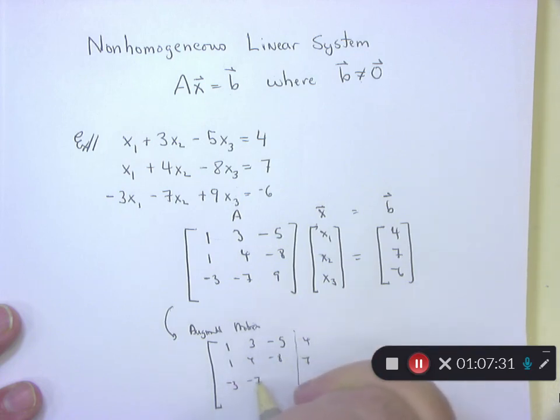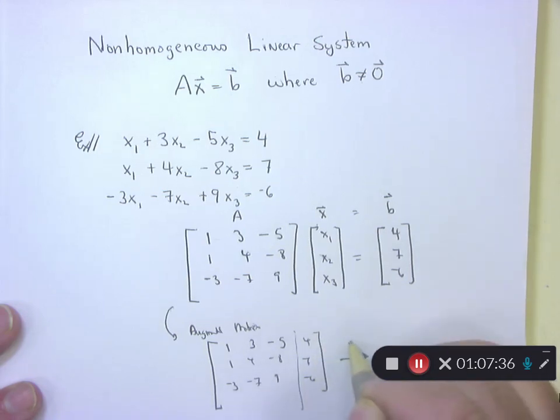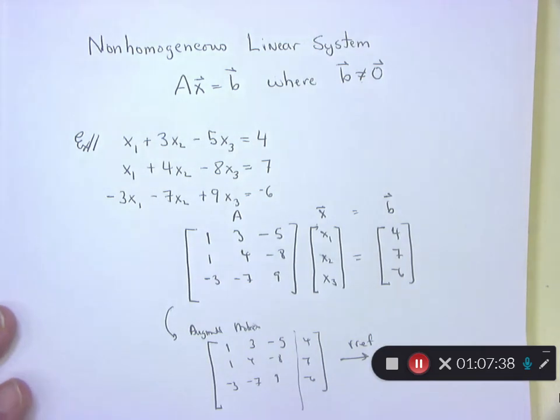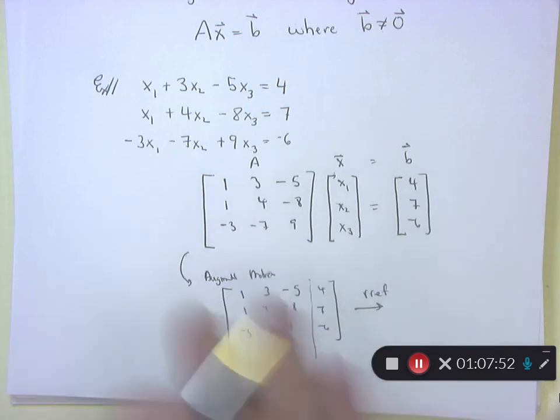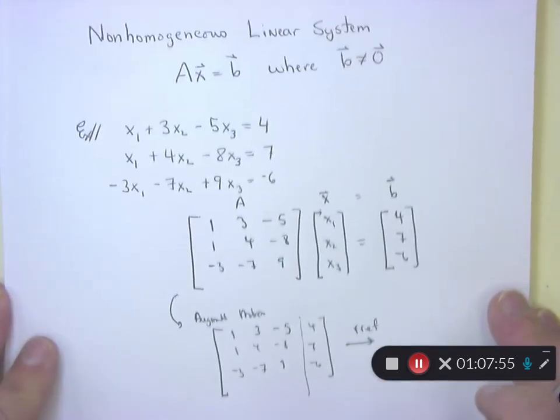And negative 3, negative 7, 9, augmented with the negative 6. And then you reduce it to echelon form. And there's 3 possible answers. We've done this how many times before? You can either have consistent unique, consistent infinite, or inconsistent, which means you can't solve it at all.